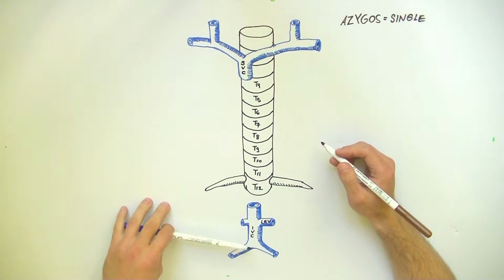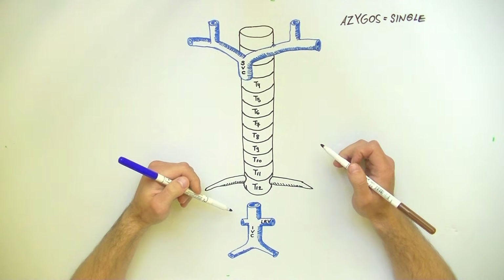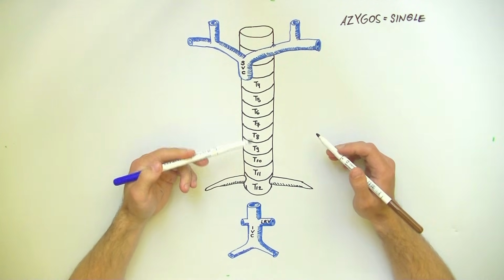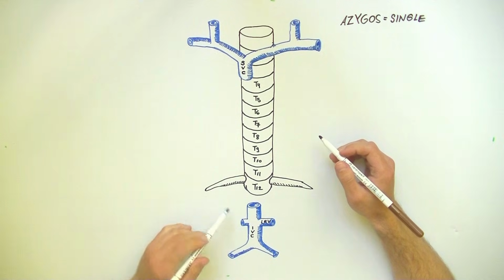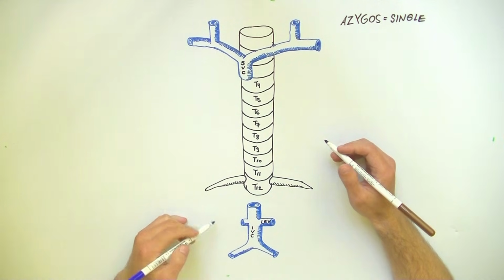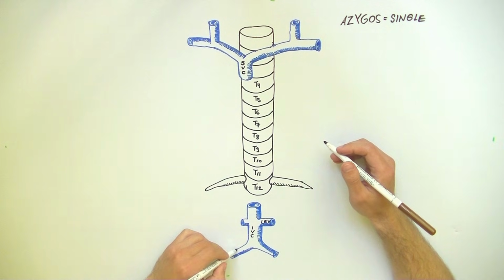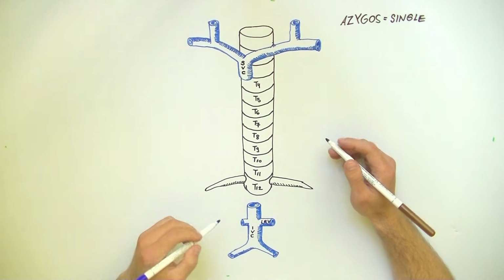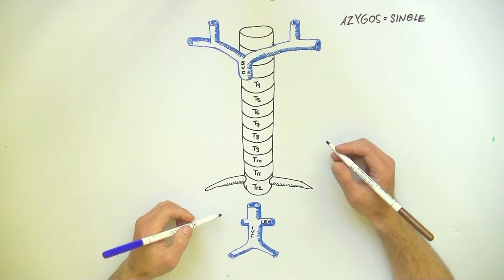In the lumbar region, the lumbar veins are the equivalent of the thoracic posterior intercostal veins. The lumbar veins run along the inside of the posterior abdominal wall, and they are joined together by the ascending lumbar vein.